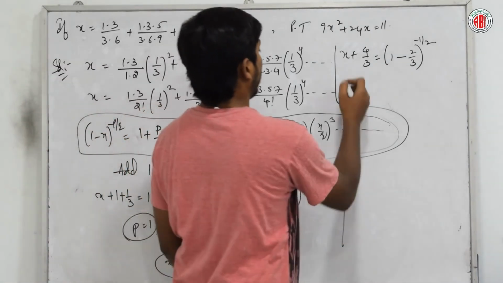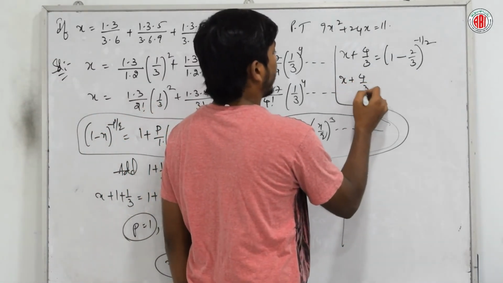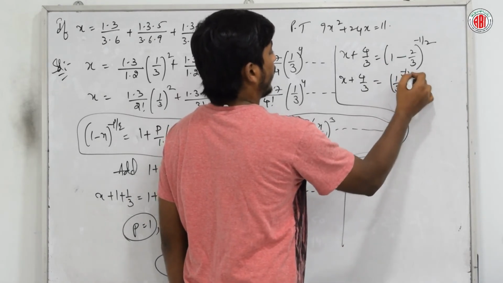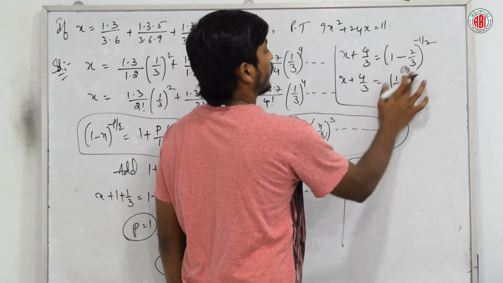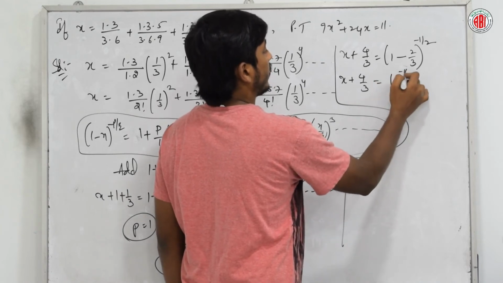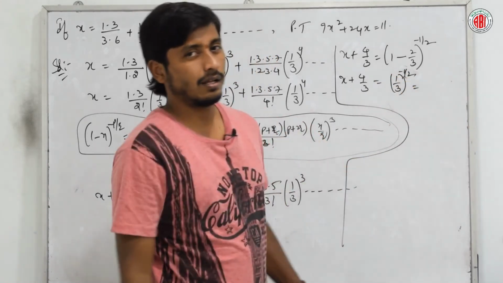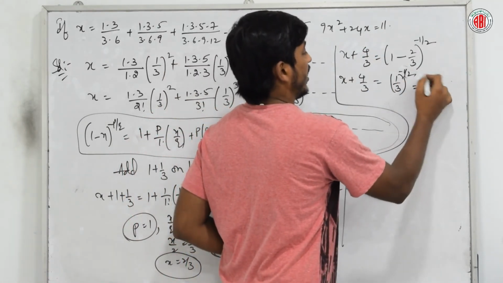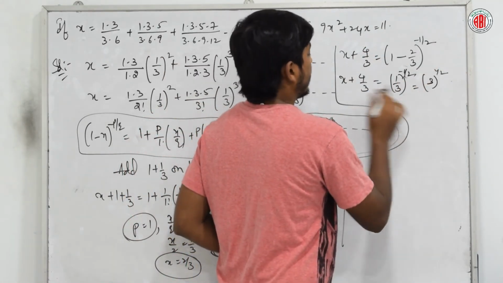So that will be x plus 4 by 3 is equal to (3 minus 2) that is 1 by 3 power minus 1 by 2. Is it clear? Just swap it. That will be 3 power 1 by 2.